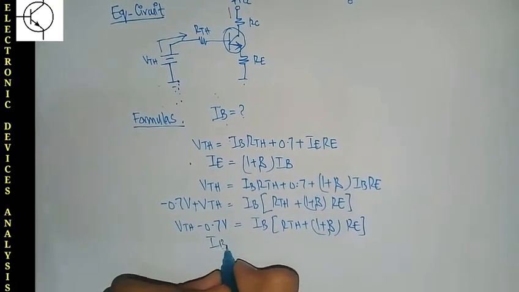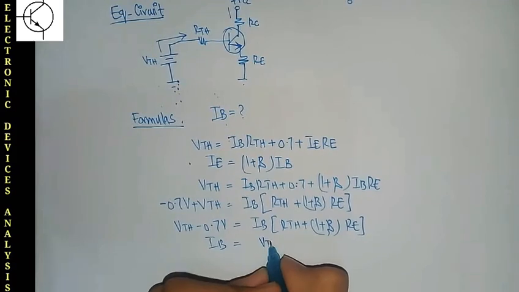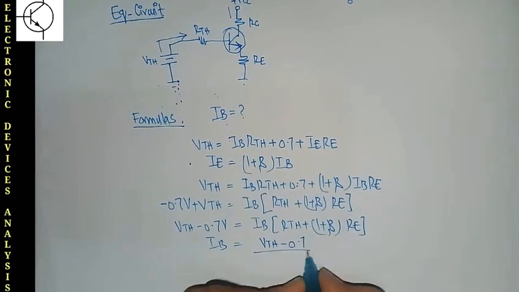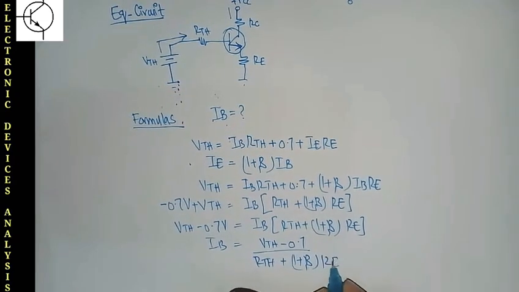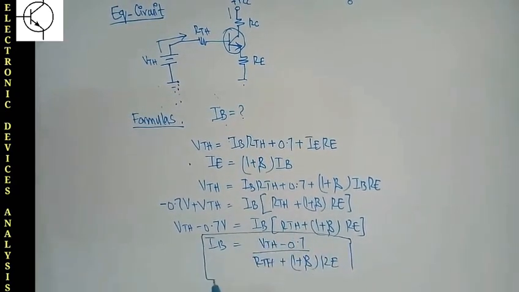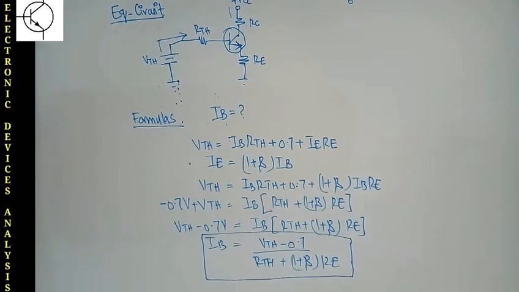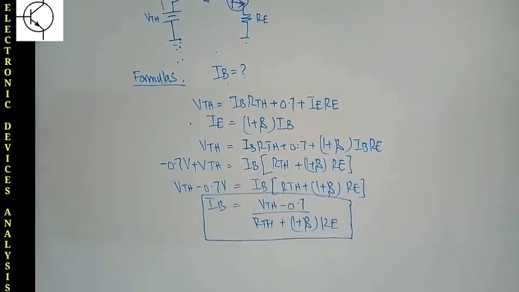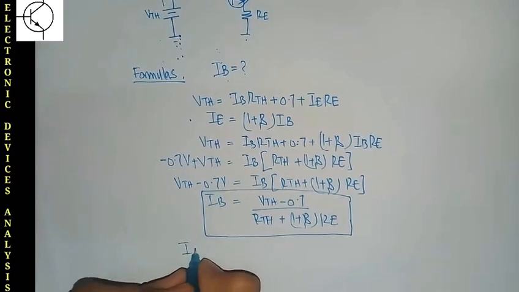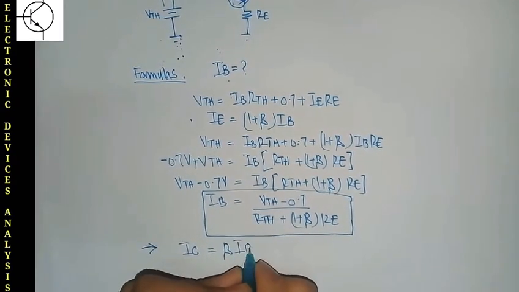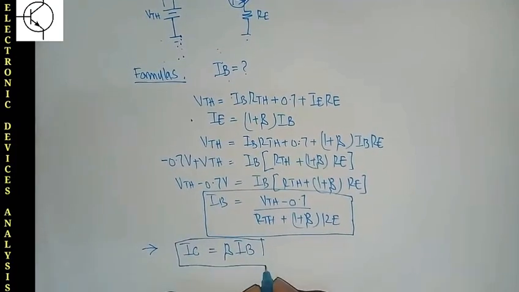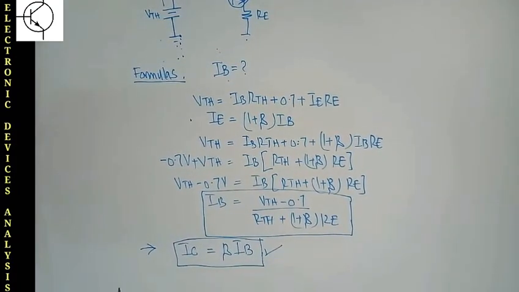Therefore IB will be equal to V Thevenin minus 0.7 volts over R Thevenin plus 1 plus beta times RE. So this will be the formula of base current. Now you can find the value of IC. IC will be equal to beta times IB. This is a very simple formula.